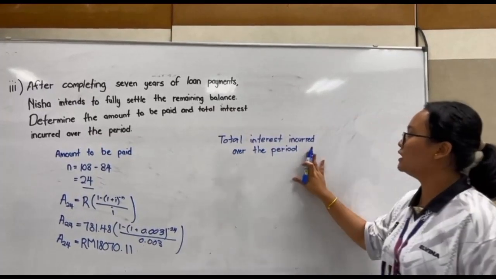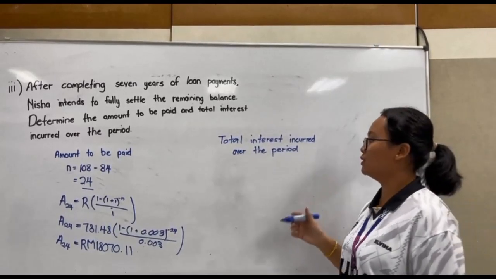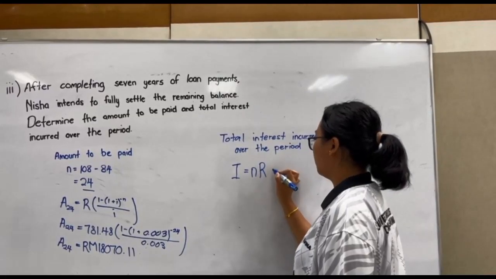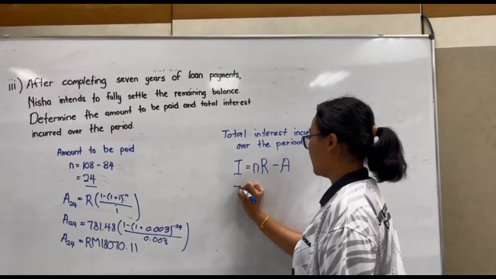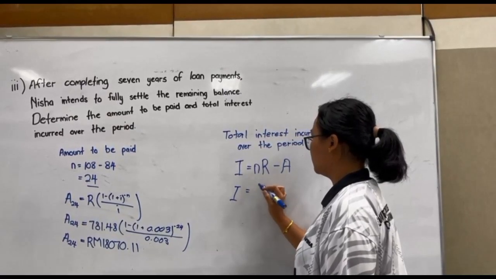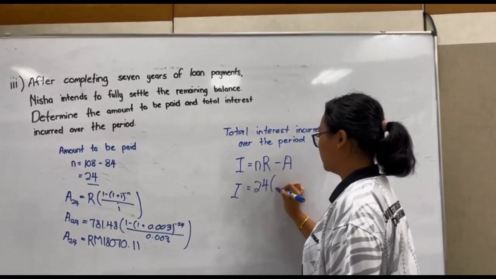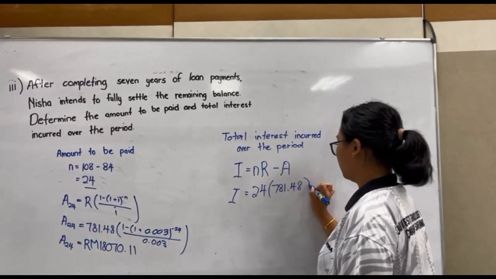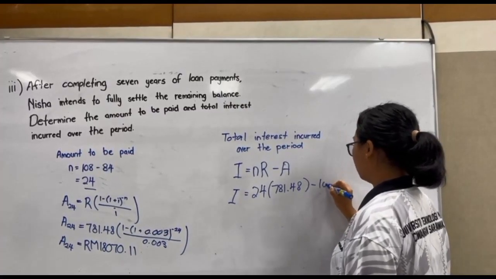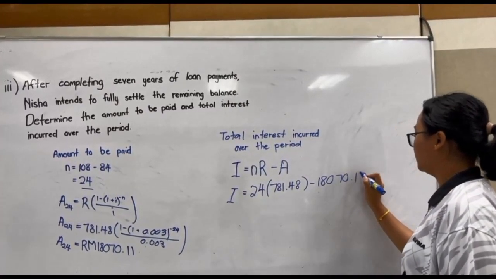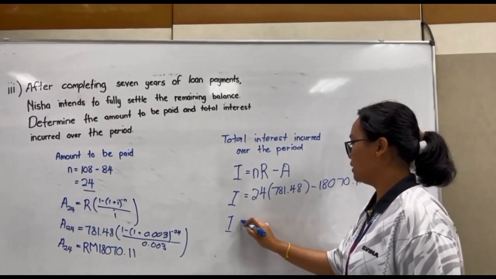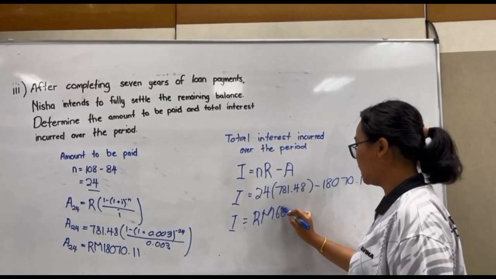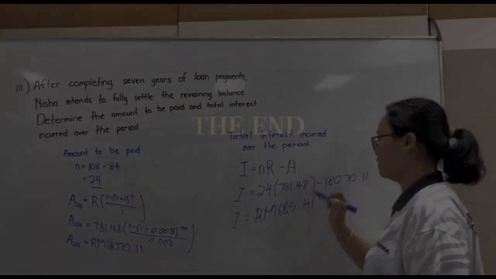To find the total interest incurred over the period, we have to use the formula I = nR - A. So I equals 24 × 781.48 minus 18,070.11. So I will be RM685.41.